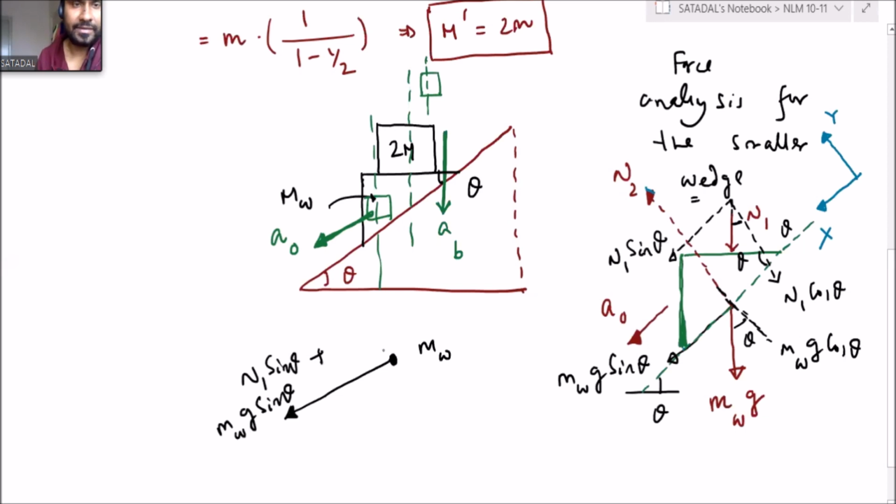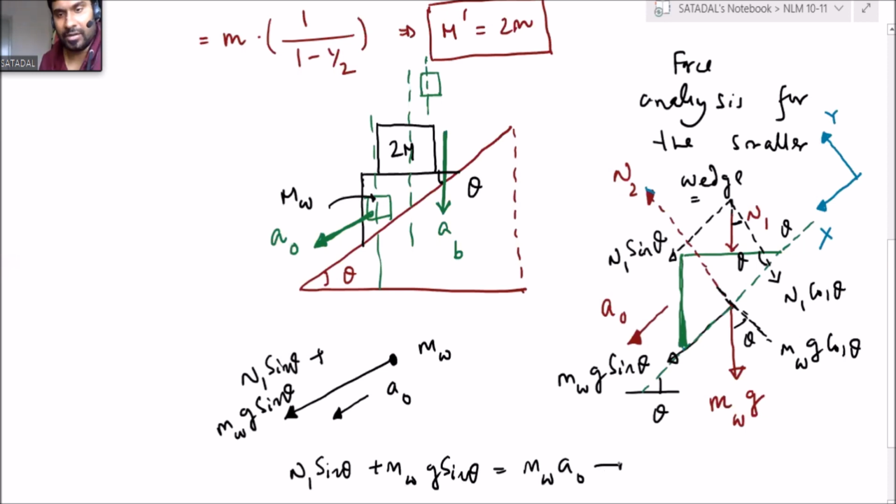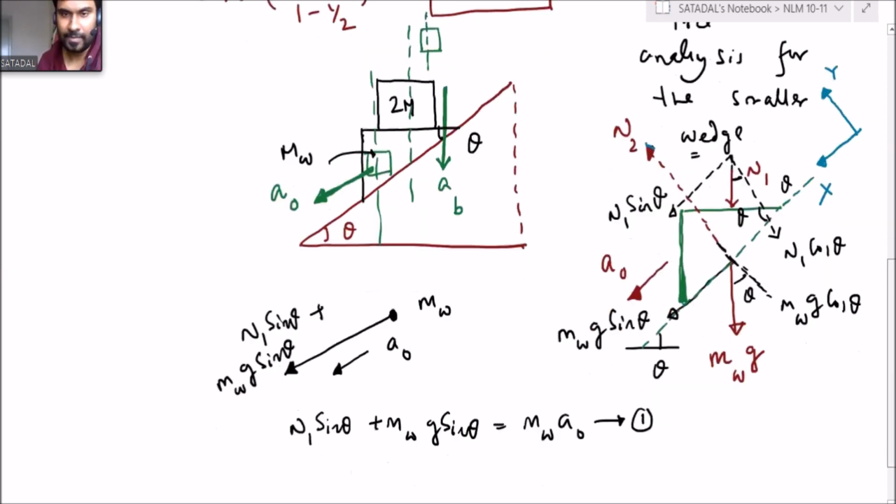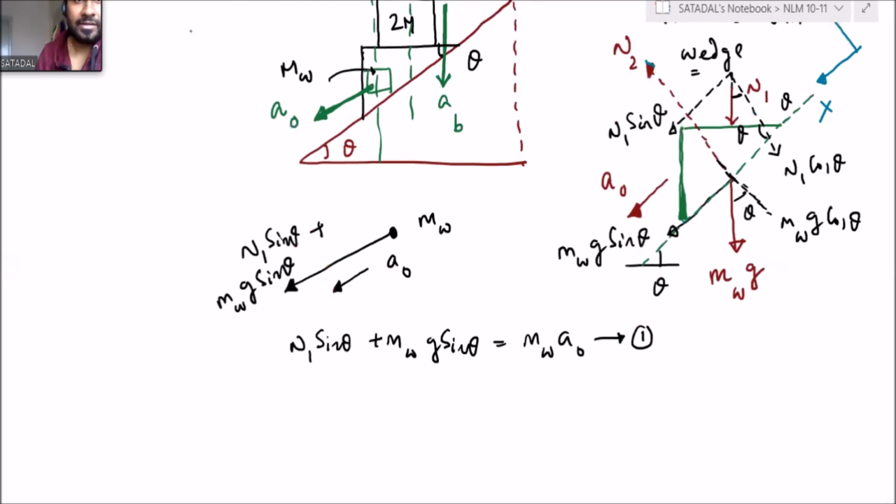And what is the acceleration in that direction I have taken? A naught. So the equation is N1 sin theta plus M W g sin theta is equal to M W into A naught. That is equation number 1. Is that clear?